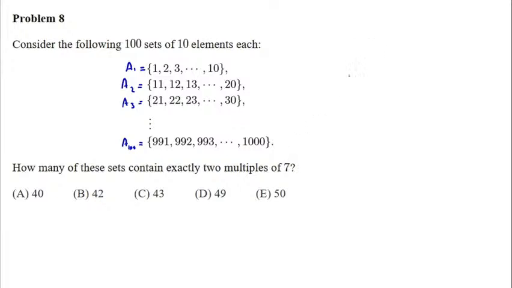So if we want to consider Ai, where does it start? A1 starts from 1, the next one from 11. For A2, it starts with 11, for A3, it starts with 21. I want to see for Ai, it starts with what?